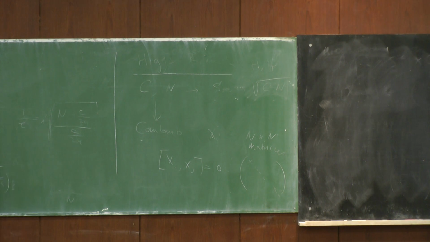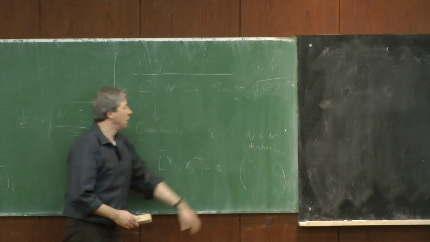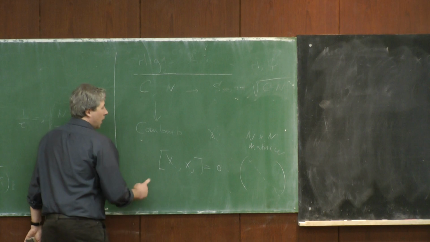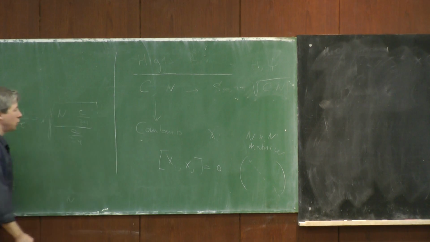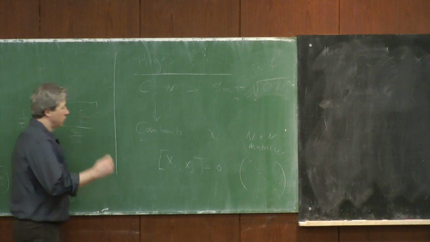But then when I go to the Coulomb branch, the only number that I basically see is this number N. And the size of the matrices is determined by it. And when I impose that they commute, I get this number of eigenvalues.